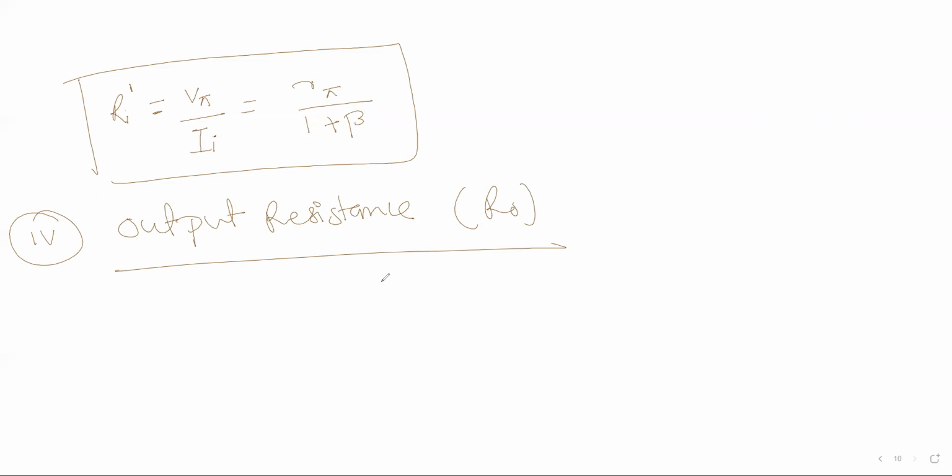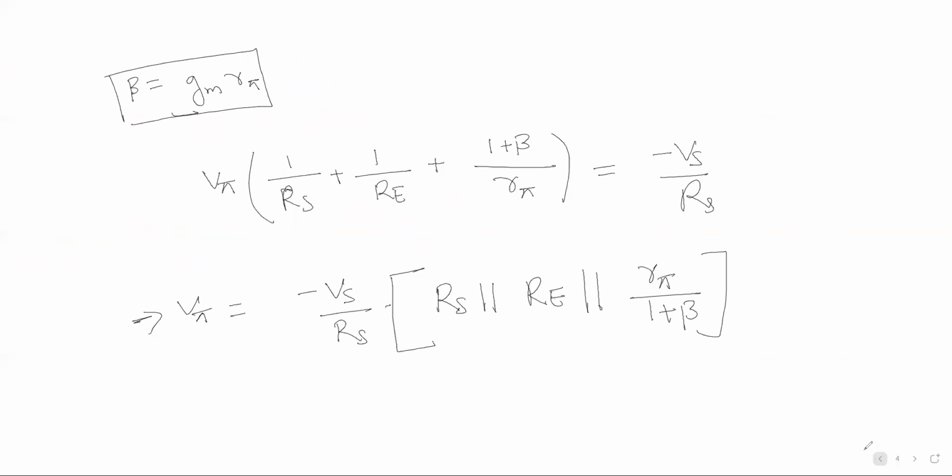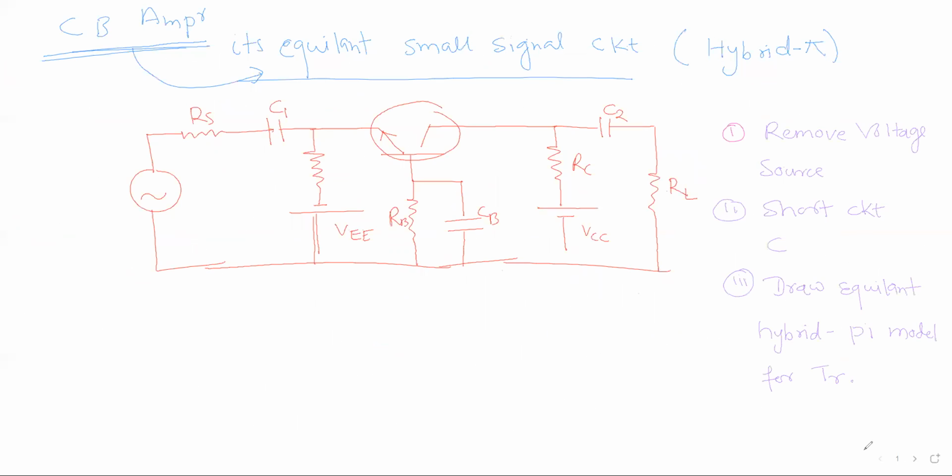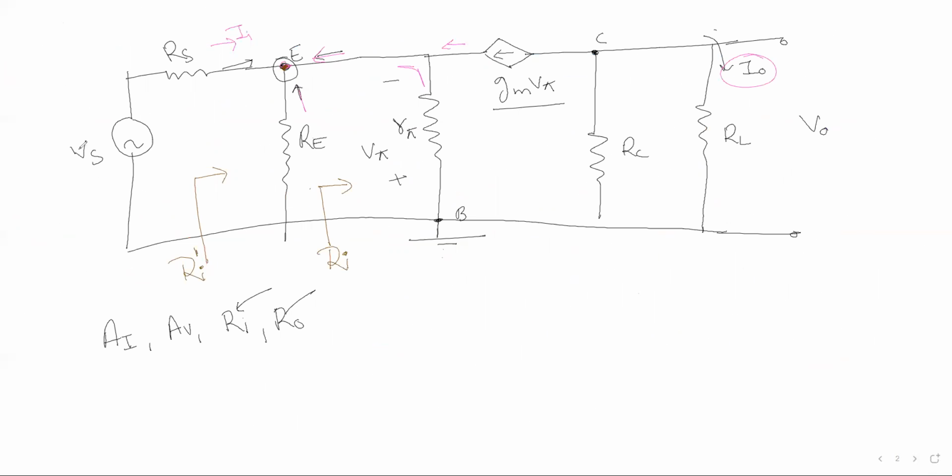First, we short all the independent voltage sources. Second, let us assume Rs is equal to 0. If we short the source, Vs is equal to 0.